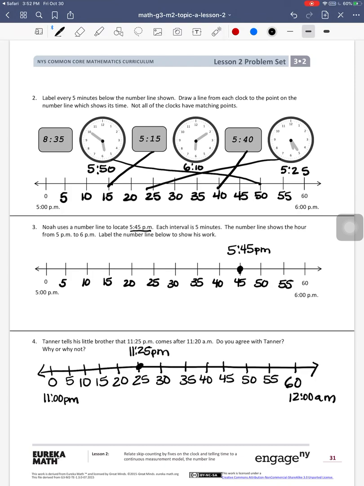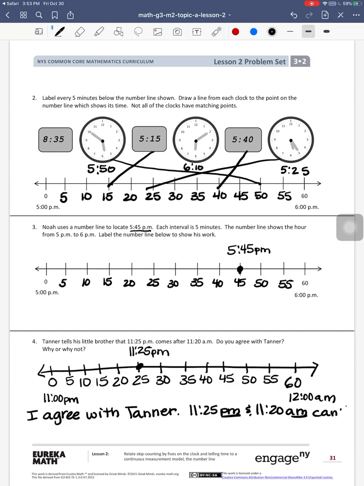Do you agree or disagree with Tanner? Well, I agree with Tanner. 11:25 p.m. and 11:20 a.m. That's the key right here.